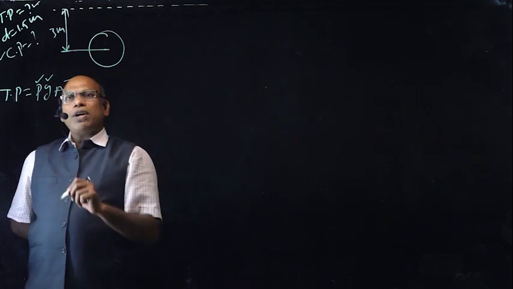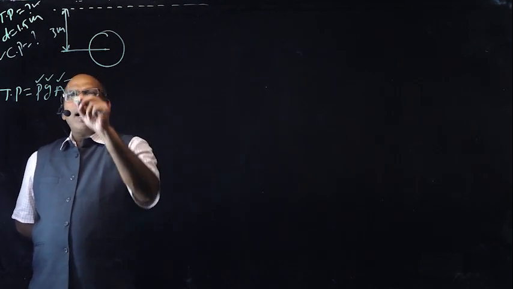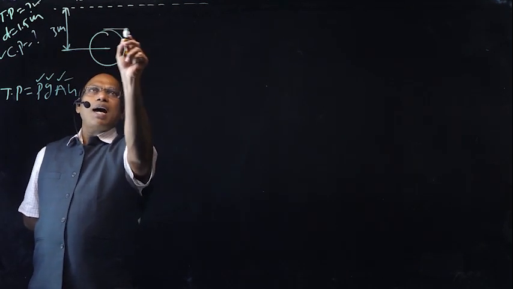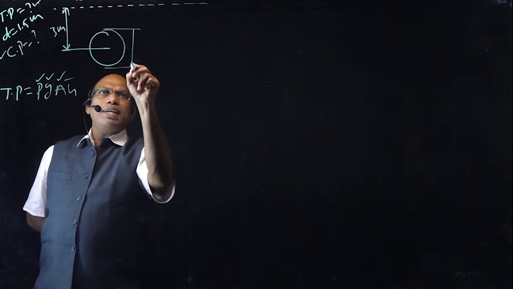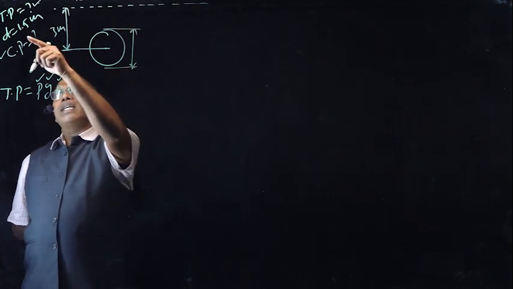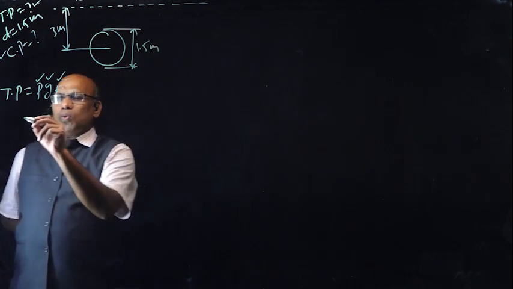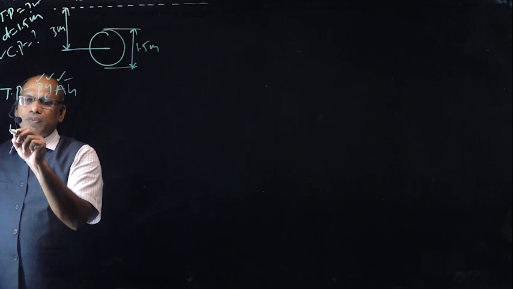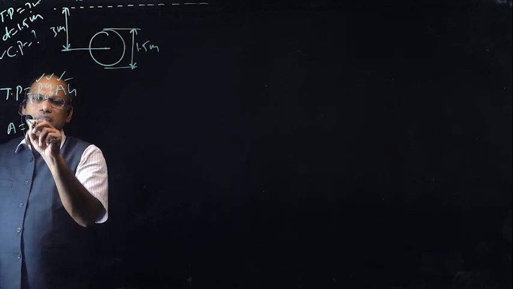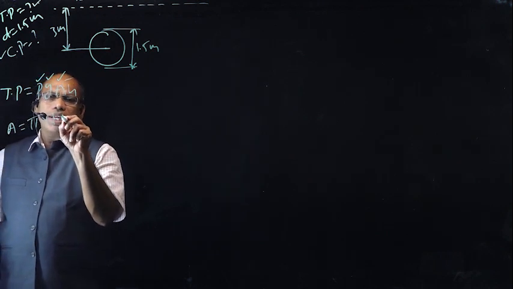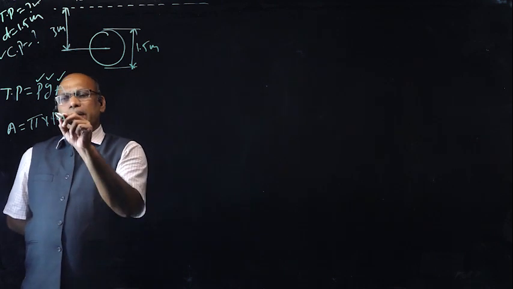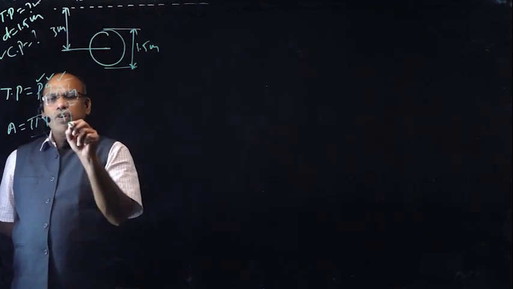G equals 9.81, and the area, this is a circle, the diameter is given, 1.5 meters. Now area is equal to pi d square by 4, where D is 1.5 meters.